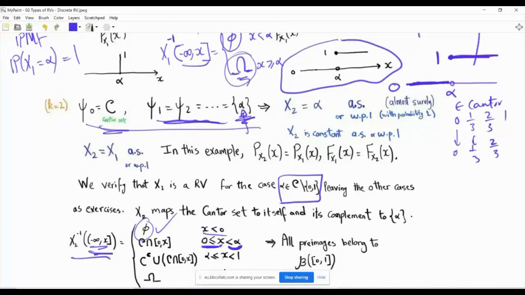In other words, what are the elements of big omega that are mapped to numbers going from 0 included to alpha, where alpha is not included? So what are those numbers? Now remember how we did the mapping. The numbers that are not in the Cantor set are mapped to alpha, and alpha is not yet here.